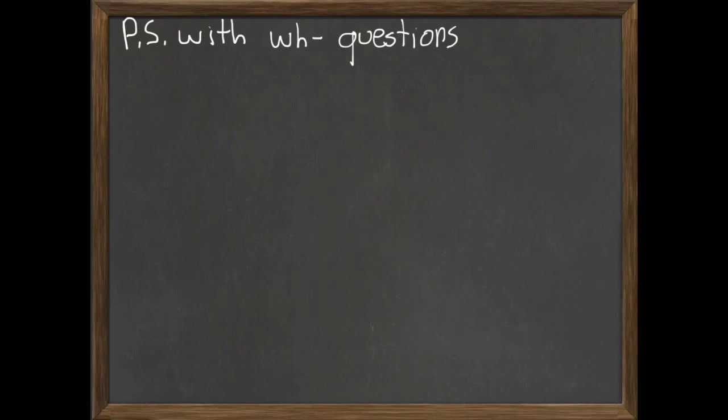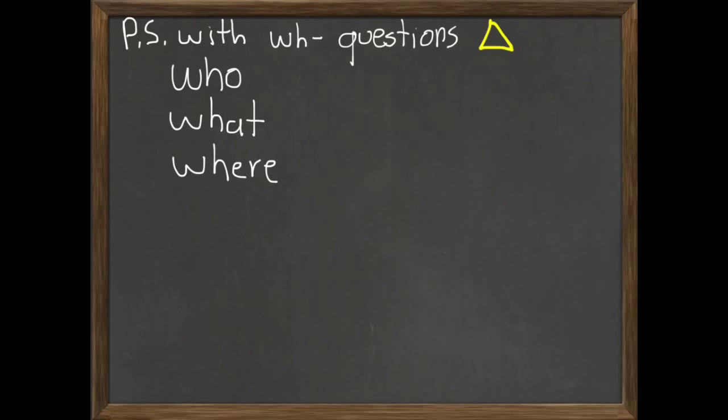Now let's look at present simple with WH questions. When do we use these questions? Well, we already saw WH questions before, like who, which we use to ask questions about people, what, which we use to ask questions about things, animals, or actions, where, which we use to ask questions about places, and we use when to ask about time or when something happens.